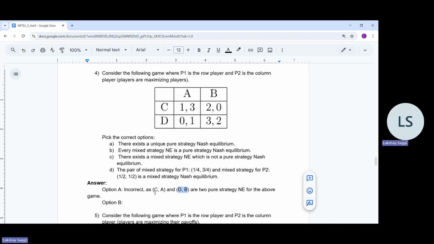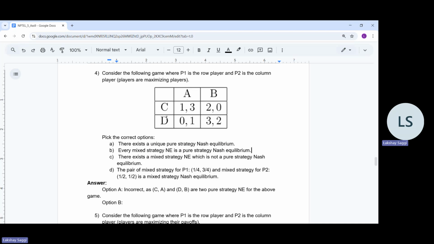Maybe I'll not do this claim, but in general, we have to find out whether every mixed strategy Nash equilibrium is a pure strategy Nash equilibrium or not. So how do we find a mixed strategy Nash equilibrium? Usually what we do is, the key to finding a mixed strategy Nash equilibrium is the row player.